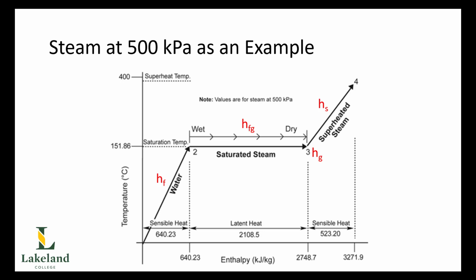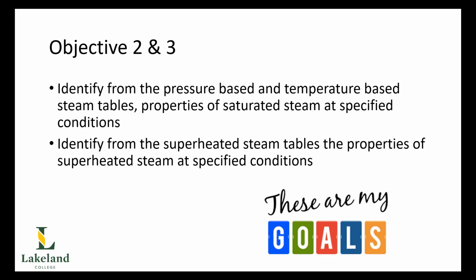We now go off into the superheated steam territory if we keep adding in more and more heat. And this is now going to be sensible heat. We'll get into superheated steam a little bit later because that requires a different table. Initially, we just want to talk about our steam going up to the Hg point. So we'll get to superheated steam a little bit later, and that's where it becomes a bit more interesting.